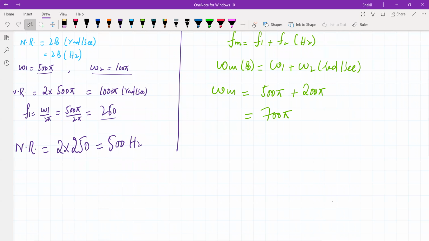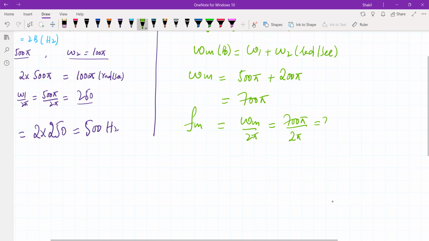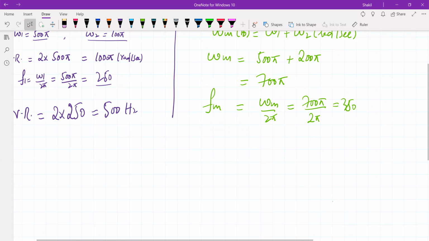The maximum frequency component F m is omega m divided by 2 pi, so 700 pi divided by 2 pi is 350 hertz. The Nyquist rate is 350 multiplied by 2, that's 700 hertz.